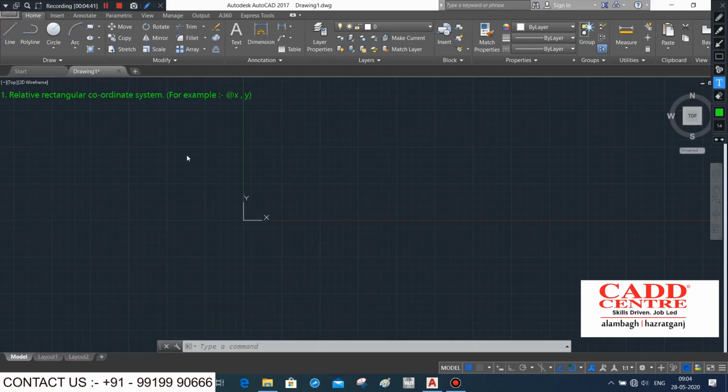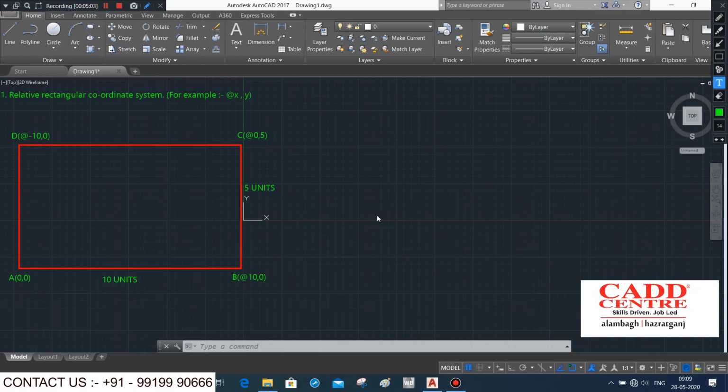Now we will discuss relative rectangular coordinate system. Again, I will consider example of rectangle to describe this rectangular coordinate system properly. In this rectangle, length is 10 units and width is 5 units.